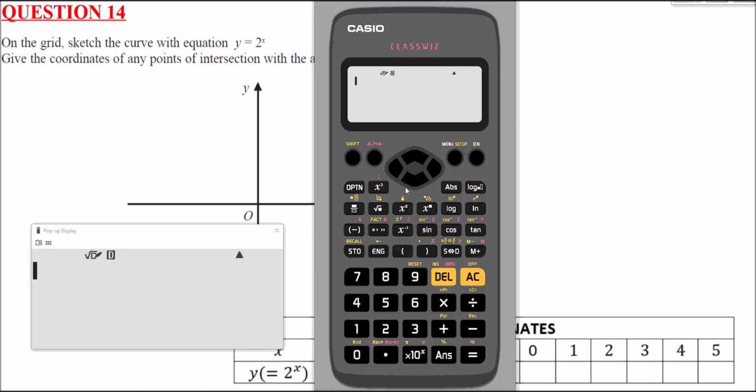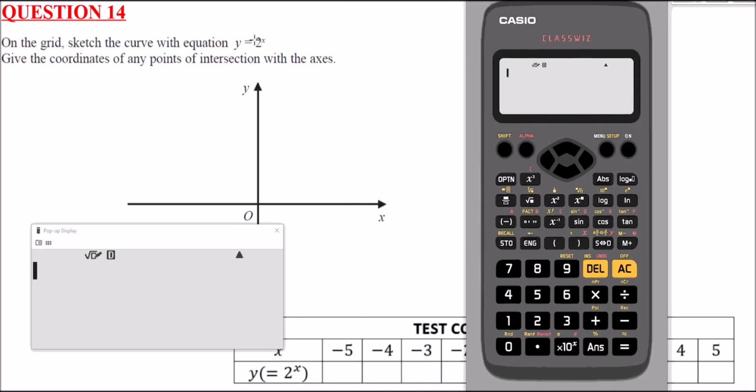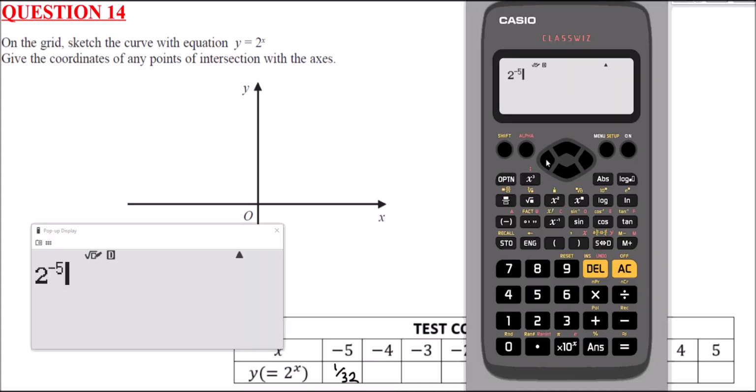So let's start with, say, -5. So when we've got -5, y will be 2 to the power -5, which is 1 over 32. So that's obviously really small. The next one, when x is -4, you can just toggle back now and just type in -4 instead.